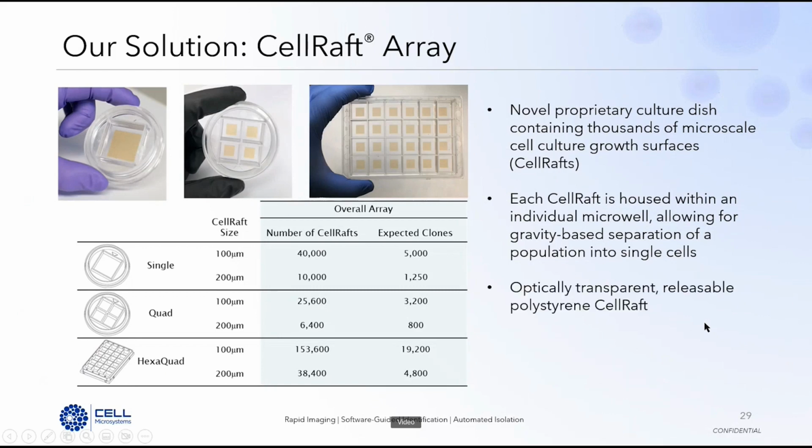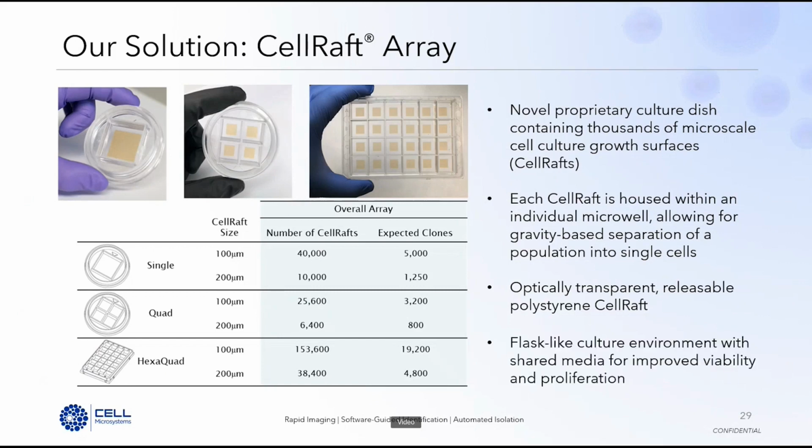The CellRafts themselves are optically transparent, allowing for high-resolution imaging of the cells on the rafts, and those rafts are releasable from the array. But most importantly, as we've talked about, that flask-like culture environment with the shared media is really the key to the whole workflow because it allows for improved viability and proliferation of the cells that you're screening.